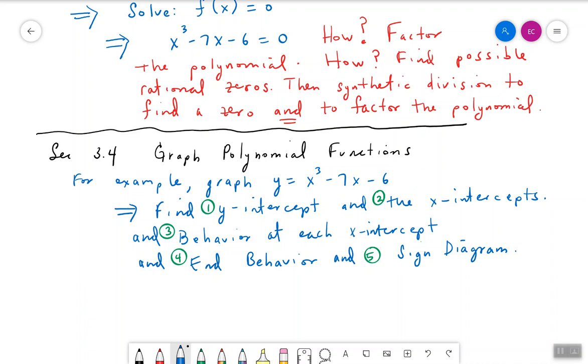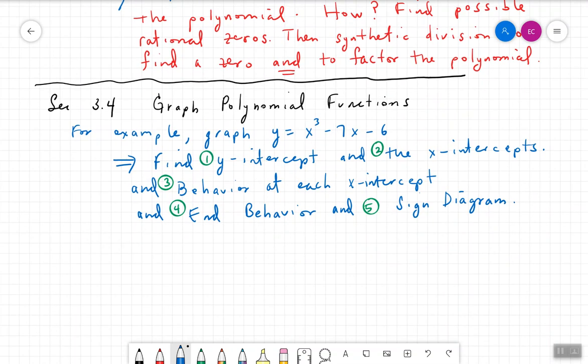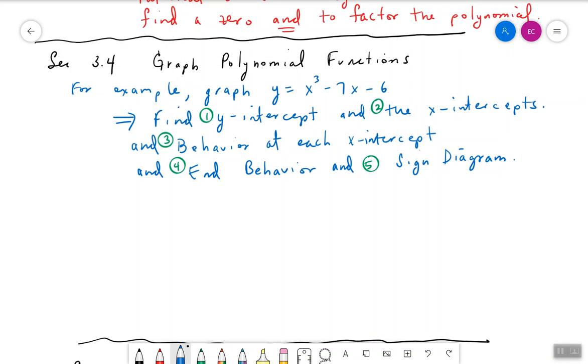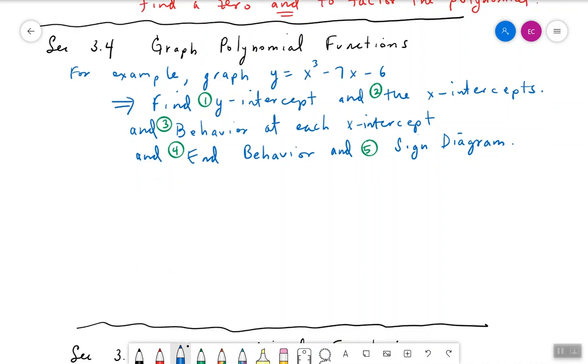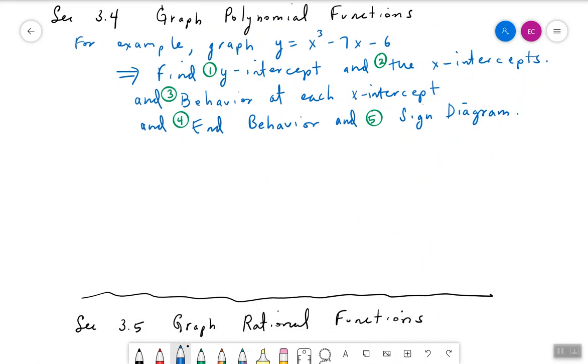If the first four parts here are good, then the sign diagram is just a way for us to check our work and make sure everything fits together. There was one other thing in section 3.4, and that was to sketch transformations of basic functions. I won't write that here, but you should look at that as well.